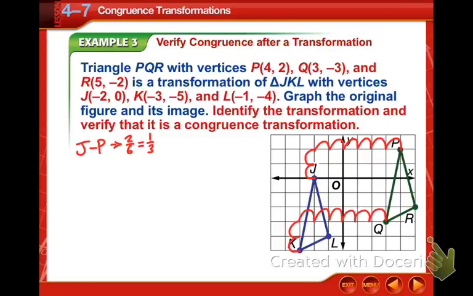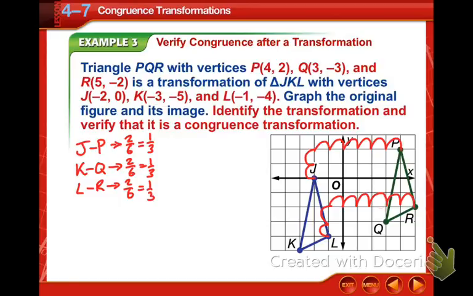We got our 2 over 6, so that is K to Q. It's 2 over 6, or 1/3 again. And then we're going to look at L to R. So L goes up 1, 2 to be even with R. 1, 2, 3, 4, 5, 6. So we do have our 2 over 6, or 1/3.